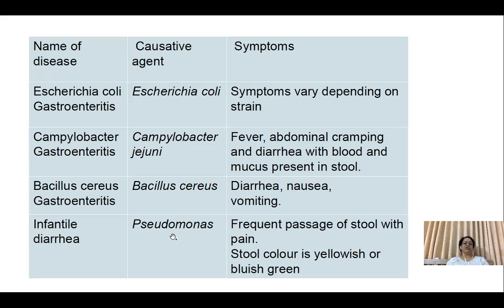Majority of times, Pseudomonas aeruginosa, which is a gram-negative rod-shaped organism, is the causative agent of it. As this organism is pigment producing, color of stool is yellowish or bluish green. There is a frequent passage of stool with pain.